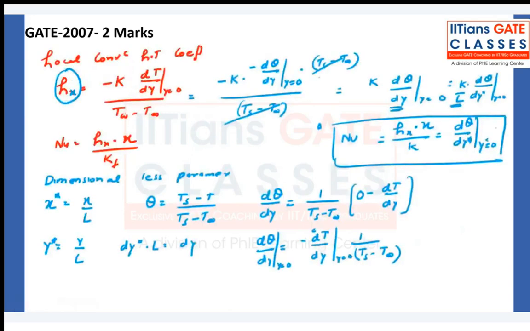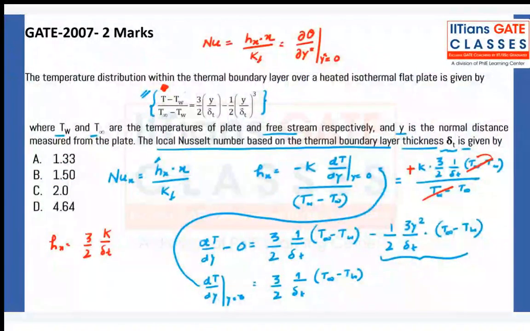Now this whole is my theta. So I have theta equals 3 by 2 y by delta t minus 1 by 2 y by delta t, whole cube.